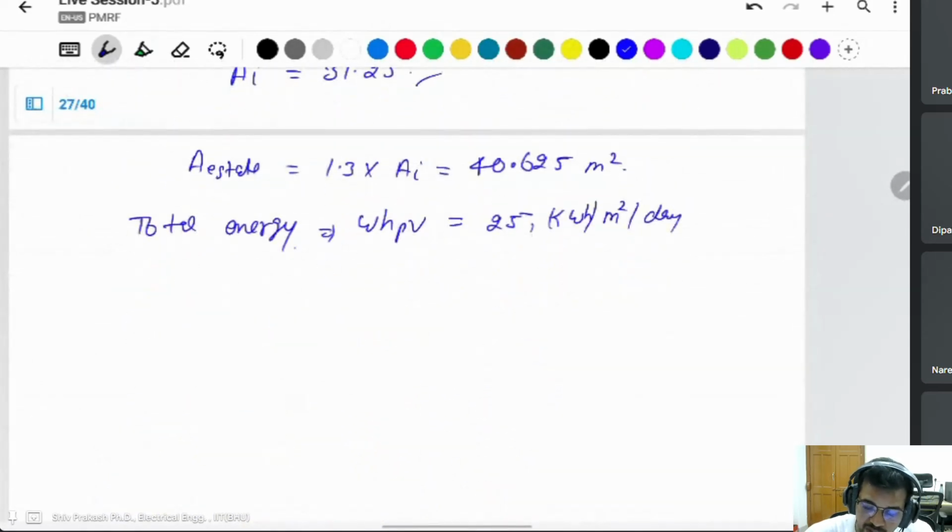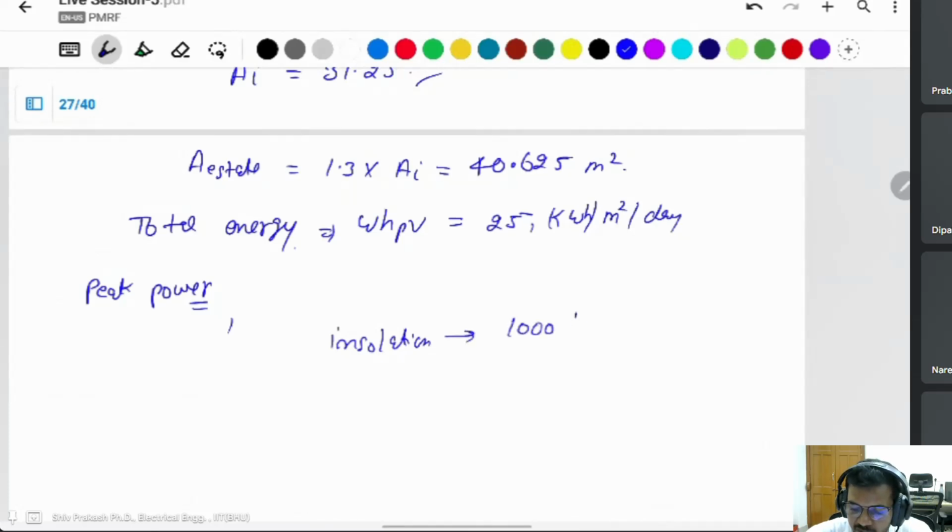If you want to calculate the peak power, you can say power, total energy. Insulation is given as standard insulation. It means 1000 watt per meter square. You can say 1 kilowatt per meter square.